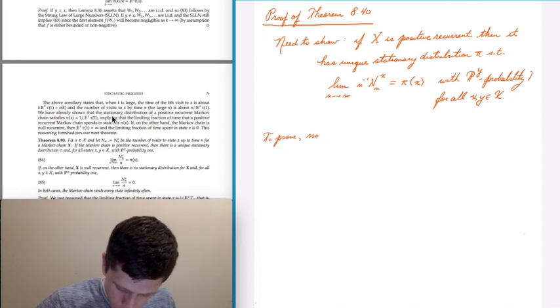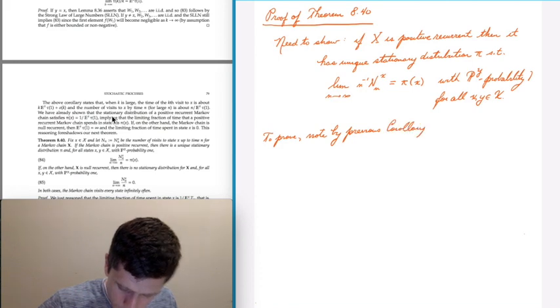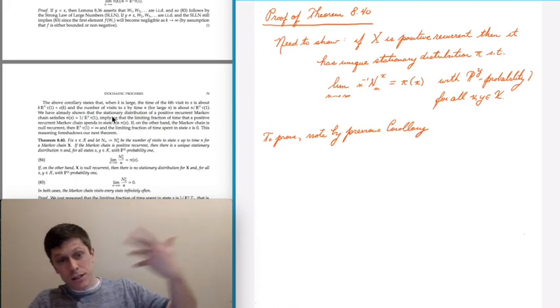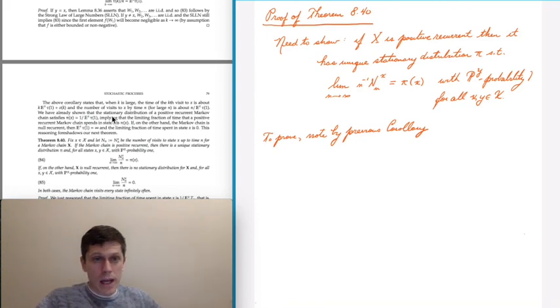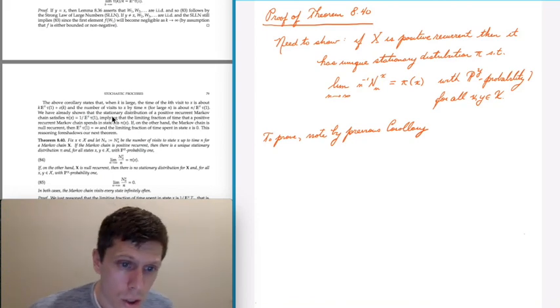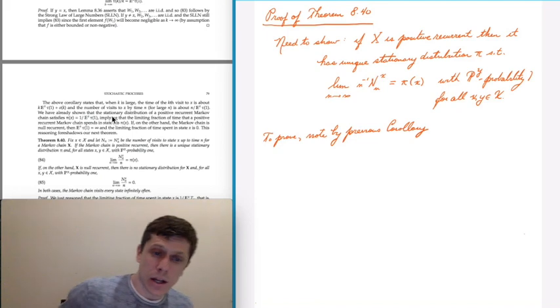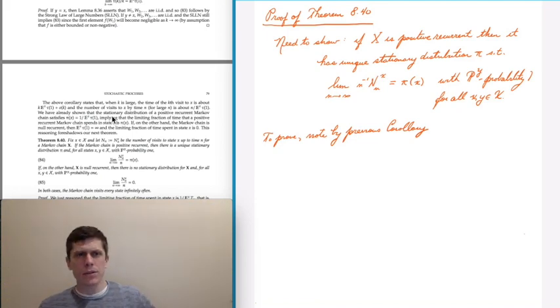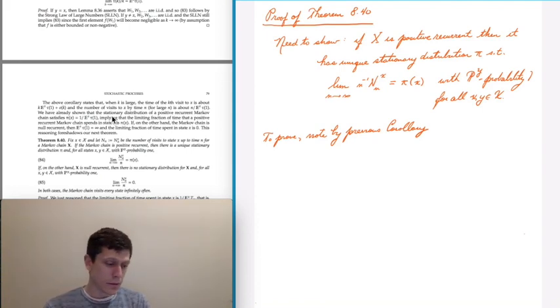Okay. So to prove this, we note by the previous corollary. What the previous corollary showed us is that the time of the kth passage can be expressed roughly in terms of the expected amount of time of the first passage.